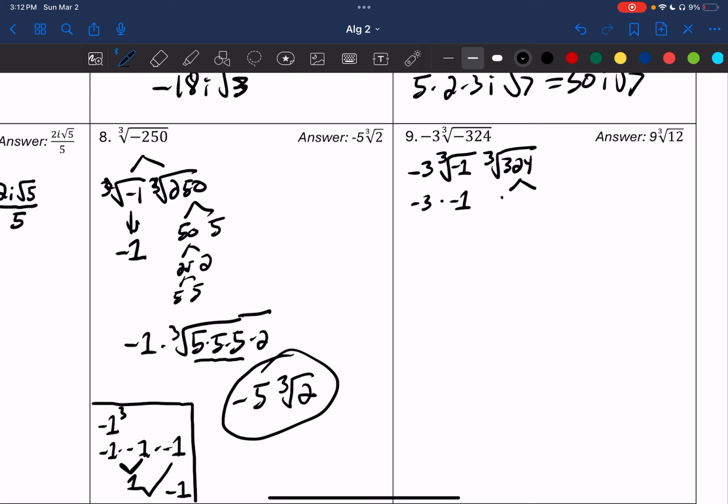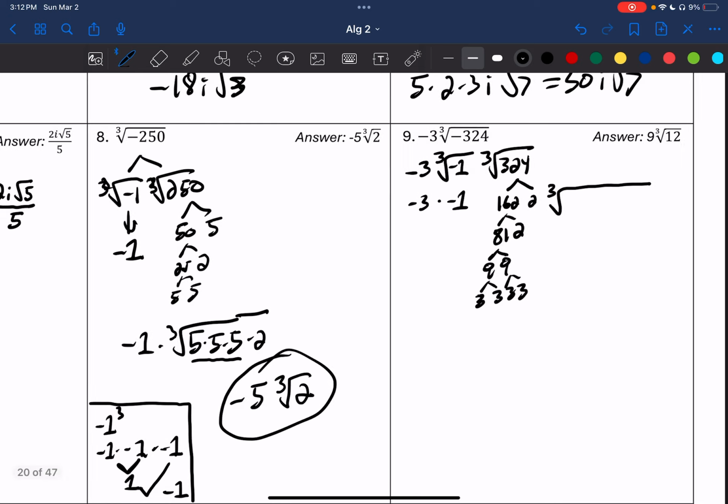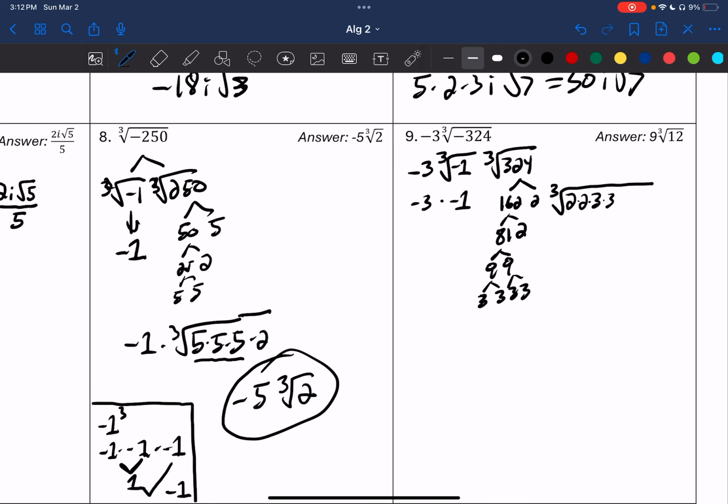So let's go 162 and 2, 81 and 2, 9 and 9, 3 and 3, and 3 and 3. So we're going to do cube root of 2 times 2 times 3 times 3 times 3 times 3. We have a full set of three 3s that we can bring outside. And so now we have on the outside -3 times -1 times 3 times the cube root of, on the inside, what's left, 2 times 2 times 3.